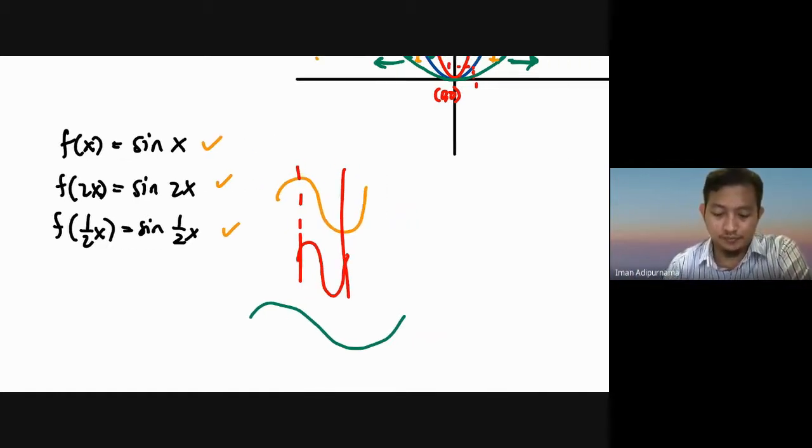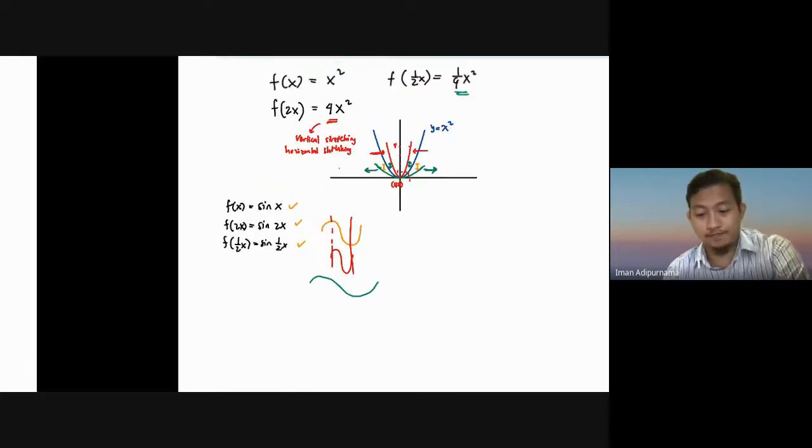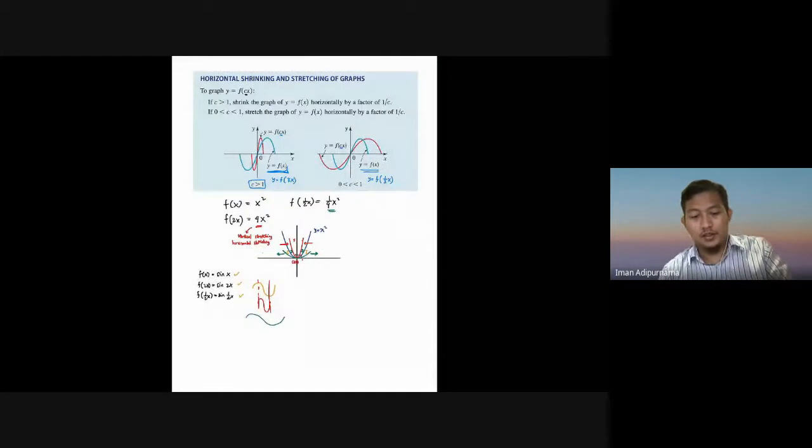Okay. Of course, you can also remember the idea from the wave functions from physics. We can also think of that as well. Okay, that's horizontal shrinking and stretching.